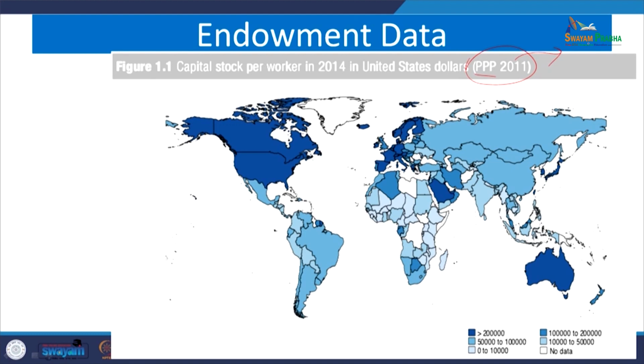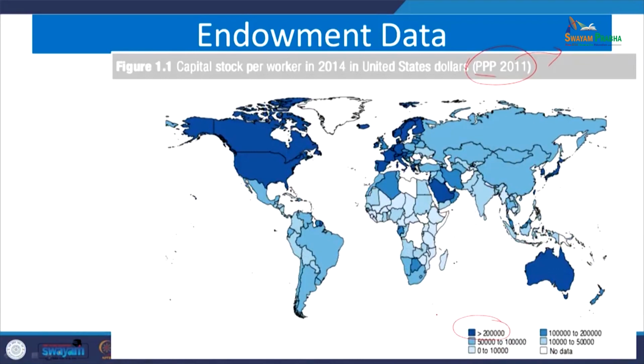So, expressed in PPP of 2011 data, the depth of the bluish color determines the magnitude of capital stock per worker in the respective countries. Now, the dark blue, which is greater than 2 lakhs, means greater than 2 lakh US dollars of capital stock per worker. Now, these are expressed in PPP terms, so they can be compared with other countries.